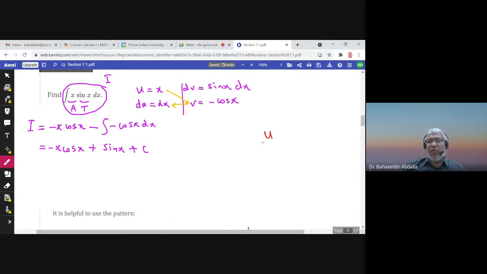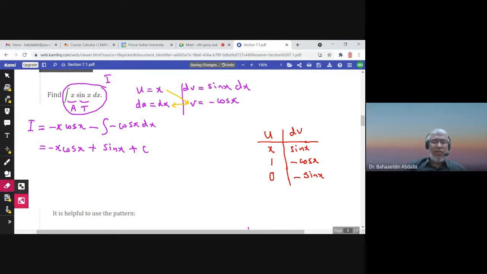So u is the function we find its derivative, which is x. What is the derivative of x? 1. What is the derivative of 1? 0. And dv, the function we integrate here, is sine x. Integral of sine is negative cosine. Integral of negative cosine is negative sine.